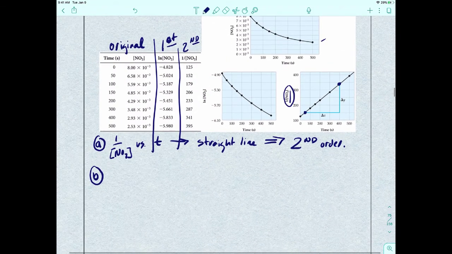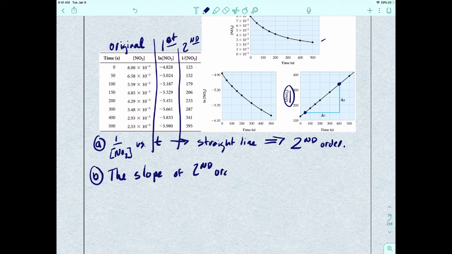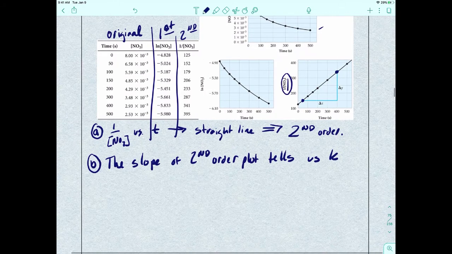To do part B, the slope of the second order plot tells us k. The slope is the change in y over the change in x.